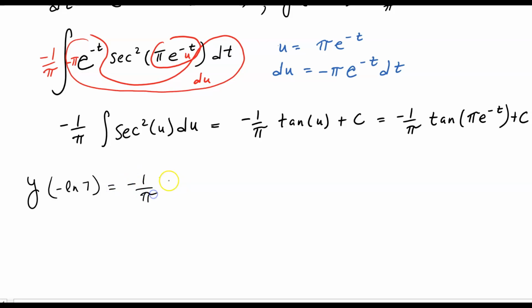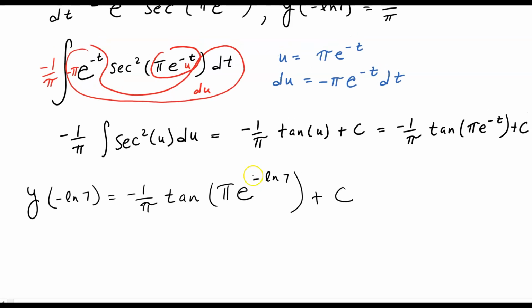So let's see what that looks like. Negative 1 over pi, tangent, and I'm going to have pi e to the negative natural log of 7, all plus c. Well, this e to the natural log gets rid of itself, right? Okay, and let's see. Oh, I'm missing the negative.